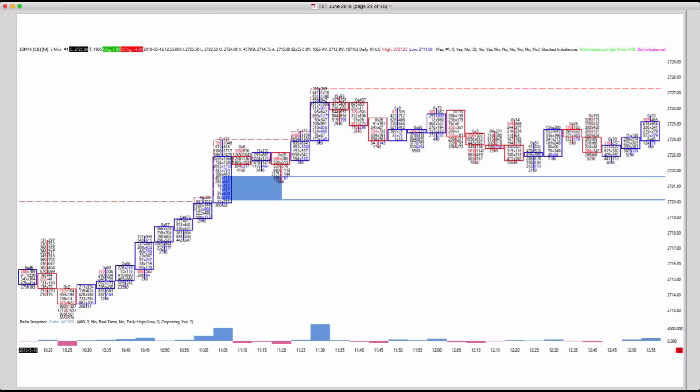Here on the 1105 bar, we have got a stack of buying imbalances. As you look at the individual bars, you will see red numbers, black numbers, and blue numbers. What we're doing here is we're comparing the diagonal bid and ask quote.